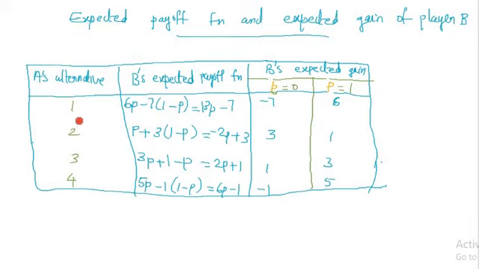The first column corresponds to A's alternative, the second column corresponds to B's expected payoff function, and the third column is B's expected gain. The values are shown in the table.